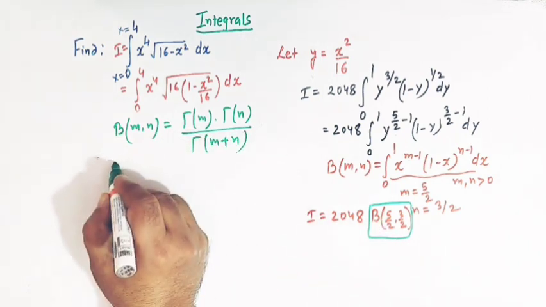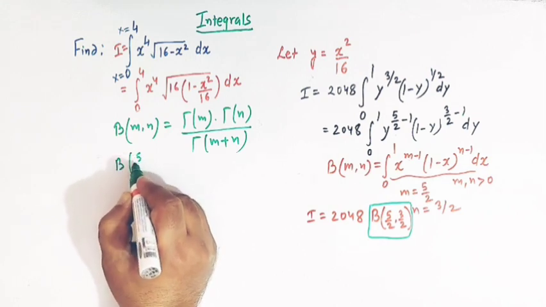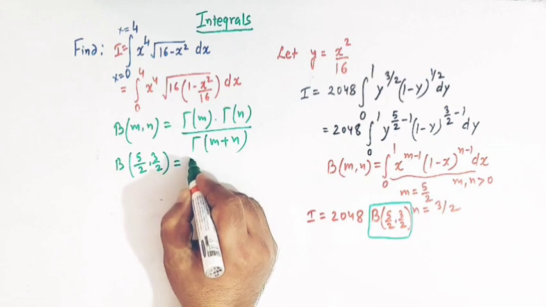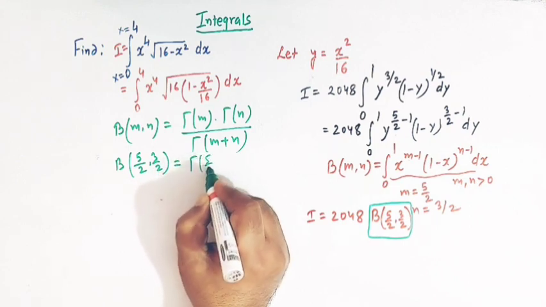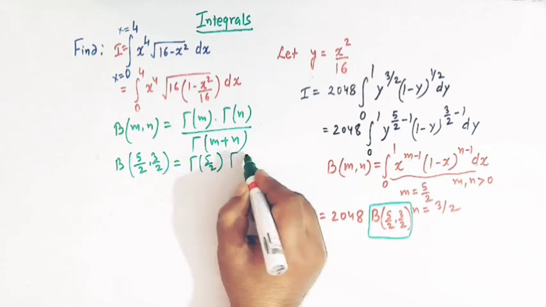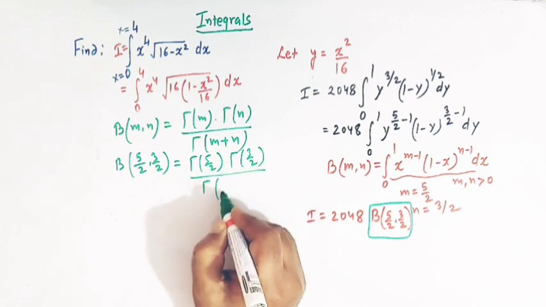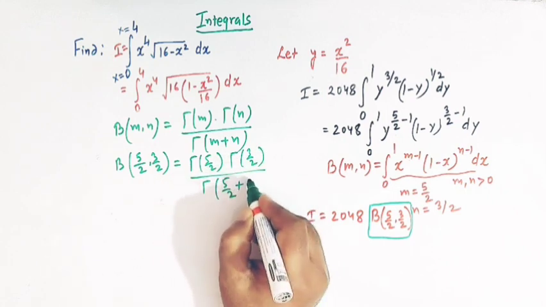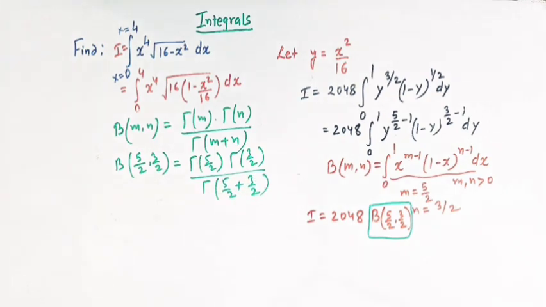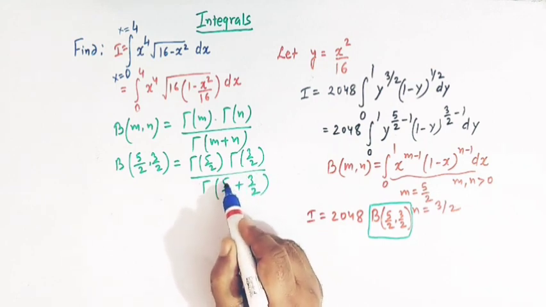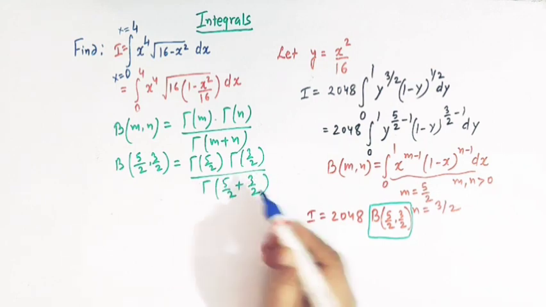So the beta of 5 by 2, 3 by 2 is equal to gamma 5 by 2, then we have gamma 3 by 2, and then we have gamma of 5 by 2 plus 3 by 2, right? Now see, in the denominator we have gamma of 5 by 2 plus 3 by 2, right?